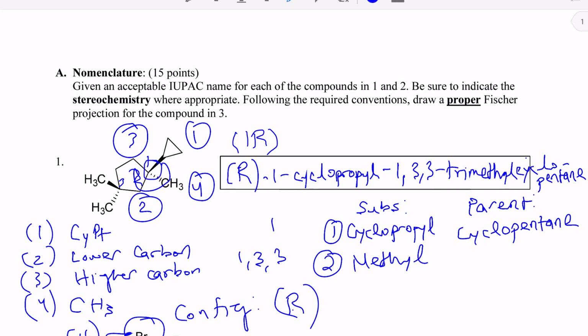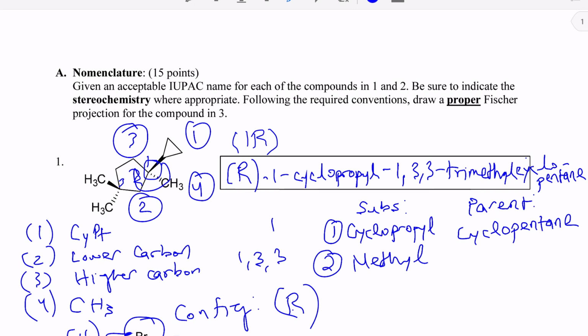When we're mentioning the configuration, the R or the S configuration, it's usually also a convention to mention the number corresponding to that stereocenter along the parent chain. In this case, since the stereocenter was at the first carbon of that carbon chain, we could say it is 1R, and then everything following that. But since it's the first one, we also have the option to just leave it as R.